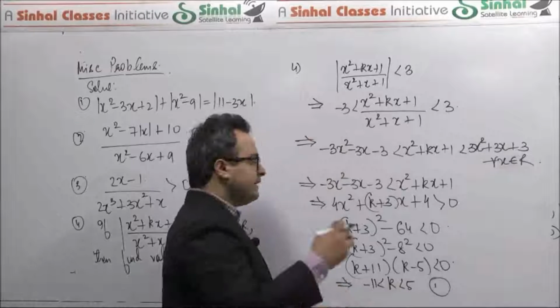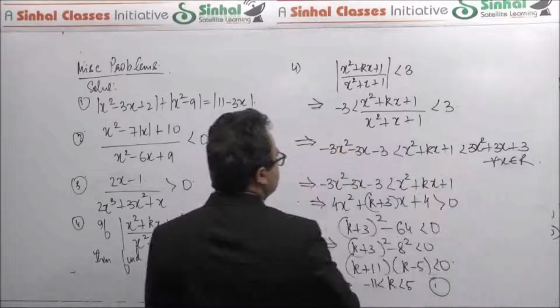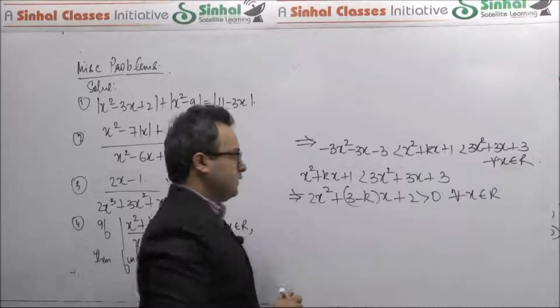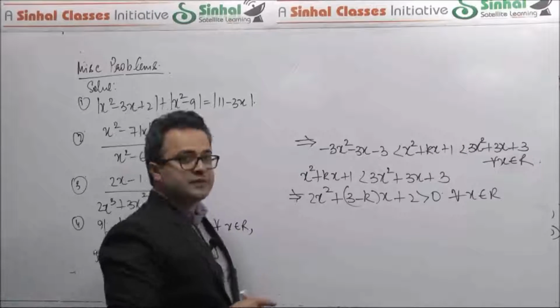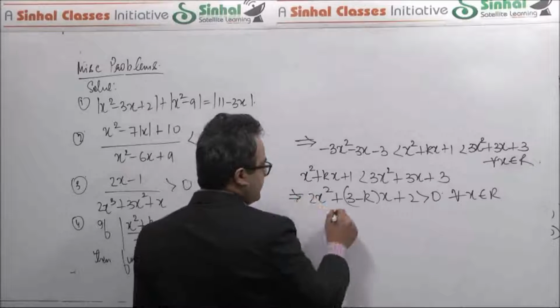Right? We similarly will now try to impose a condition on these two expressions. Again, what is important to note is that this expression is positive for all possible values of x, and therefore again the discriminant value must be negative.